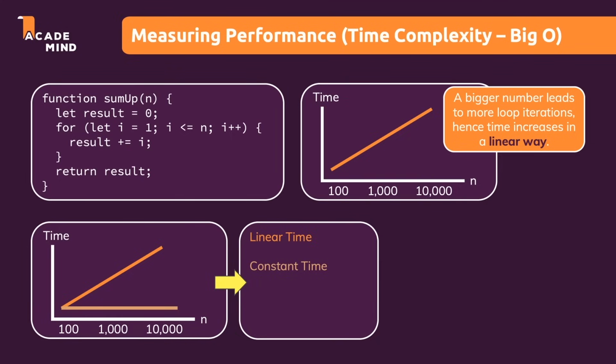And this is not only an example for constant time. This also shows us why it's important to know about time complexity and why it's important that you as a developer are able to figure out which time complexity a function has.